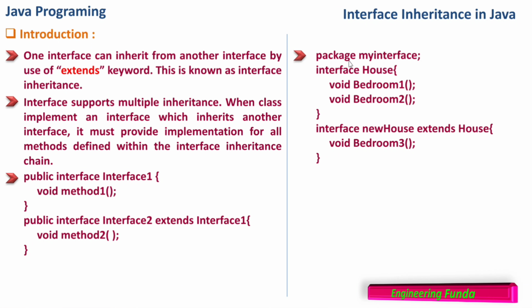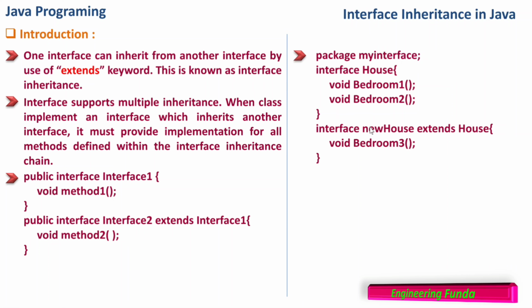Here we are looking at an example of interface inheritance. This is the interface House. It has two methods, bedroom 1 and bedroom 2. So we can say that this is a house which has two bedrooms. Now there is another interface, NewHouse, which extends the interface House.